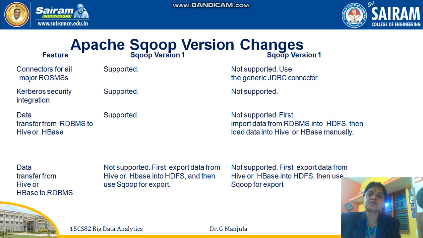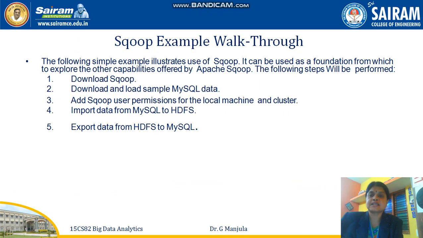So this is about the difference between Scoop version 1 and Scoop version 2. Connections are all major, whether it will be supported or not. Then Kerberos security integration, HBase and Hive, data transfer from Hive to HBase to RDBMS. So these are some of the version features that have been taken care of.